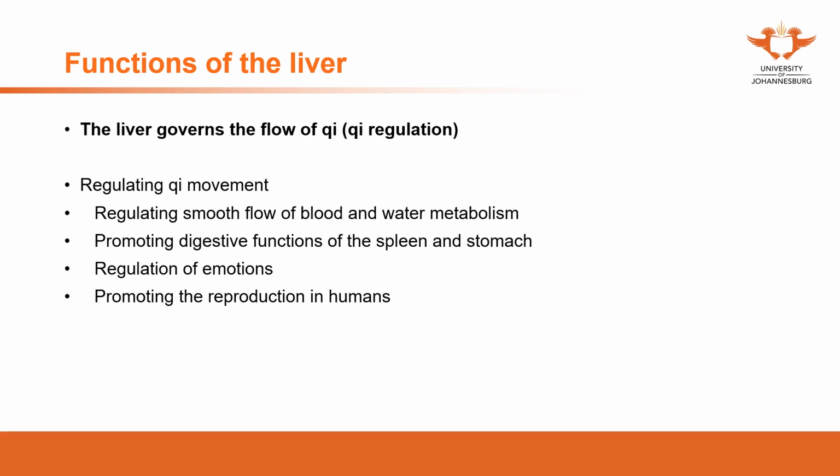So when you check your acupuncture and meridian textbook, you will see the distribution of the liver meridian. That's also why the liver is related to the reproductive system very closely.